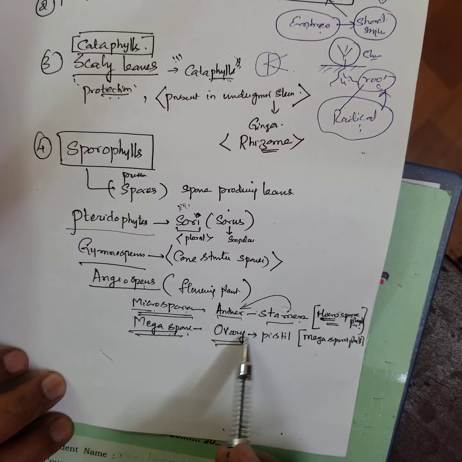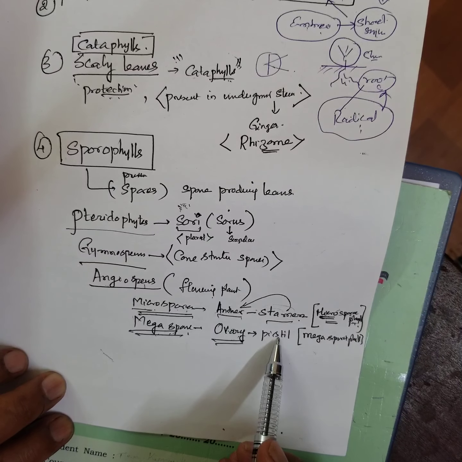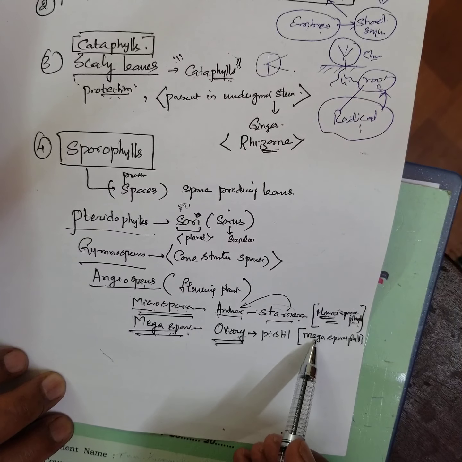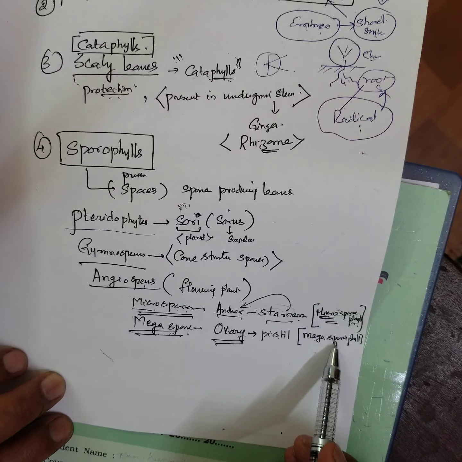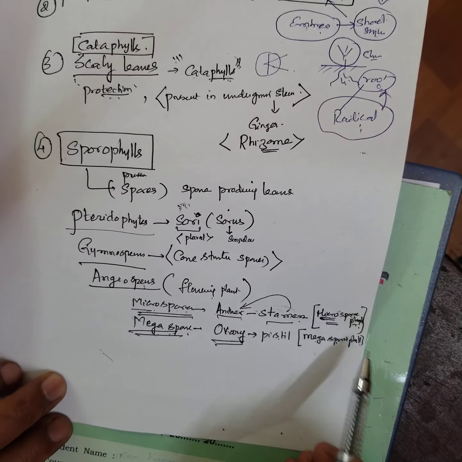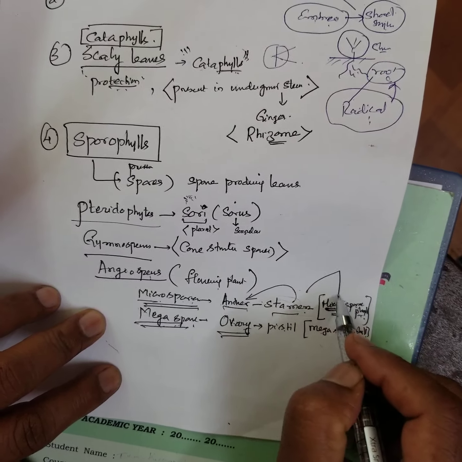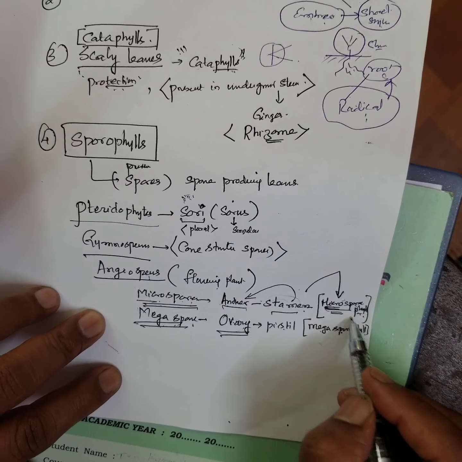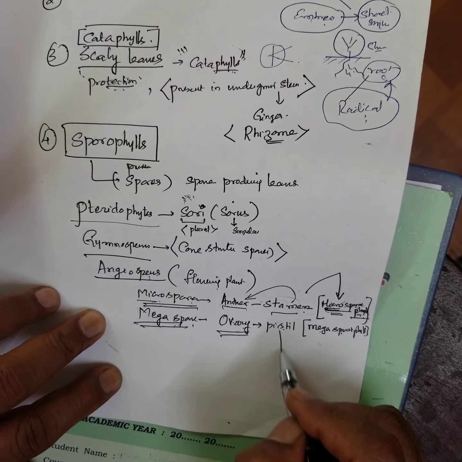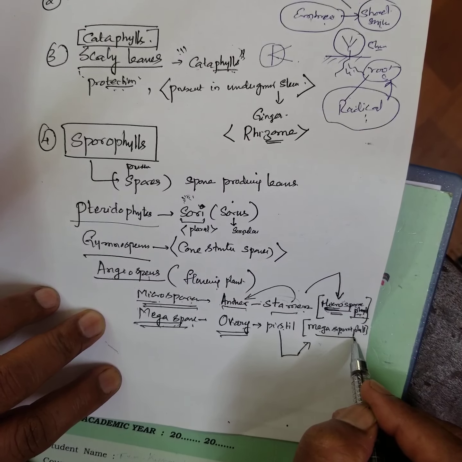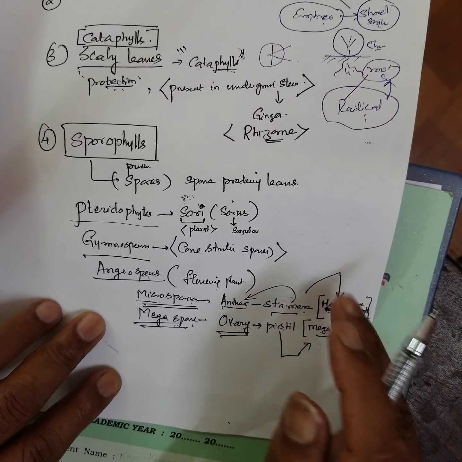Megaspore means it's the ovary. It is present in pistil. This is also called megasporophyll. Okay. Therefore, stamen, microsporophyll is equivalent to this. Pistil is equivalent to megasporophyll. You remember this.